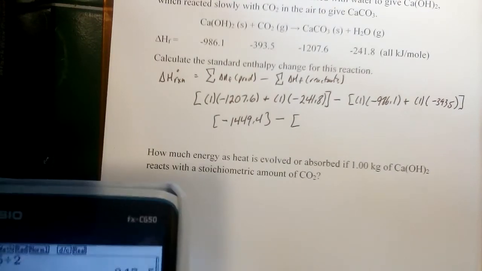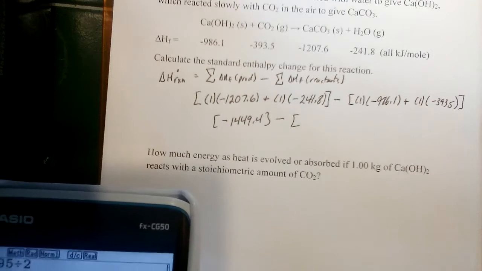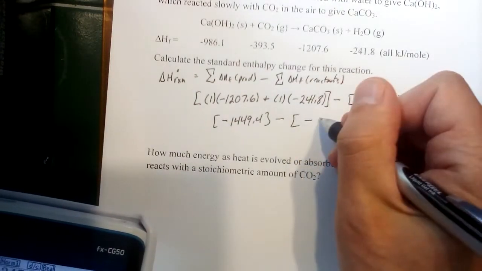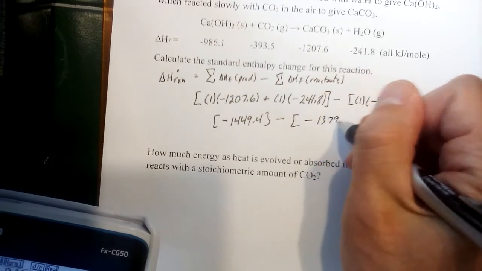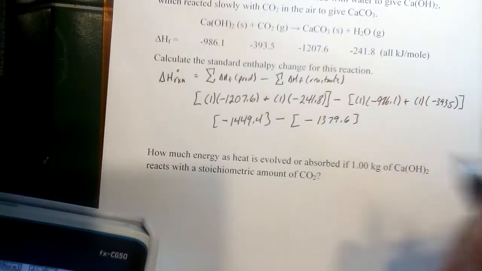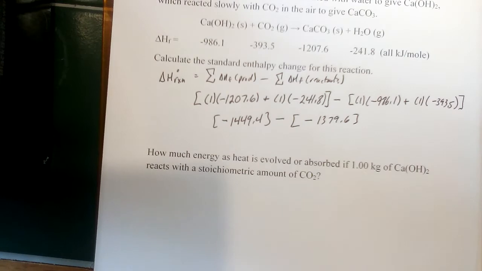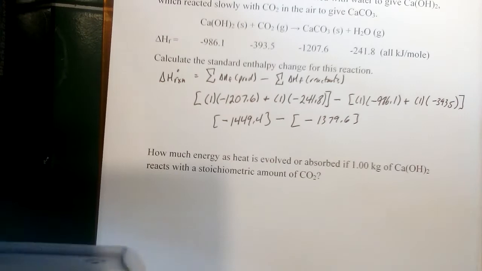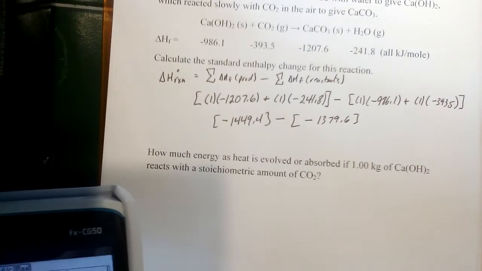So 986.1, 393.5. And in that set of brackets would be minus 1,379.6. And again, that's kilojoules. Right now, watch here, we're subtracting a negative. So factor that in.